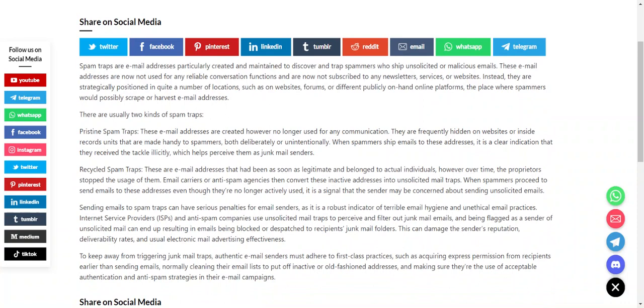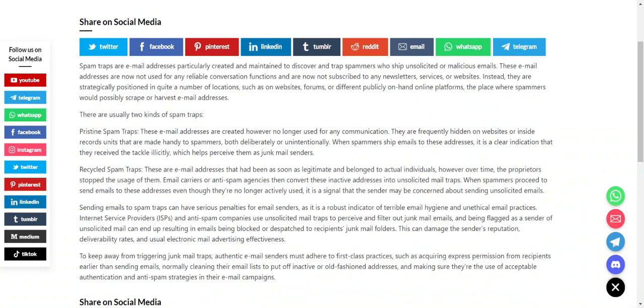They are hidden in websites, and whenever you send out an email to that address, it is automatically a spam trap, and your sender will be blacklisted because it was purely put there to ensure that whoever uses it will be identified as sending spam and their sender will be blacklisted. That is the first category.